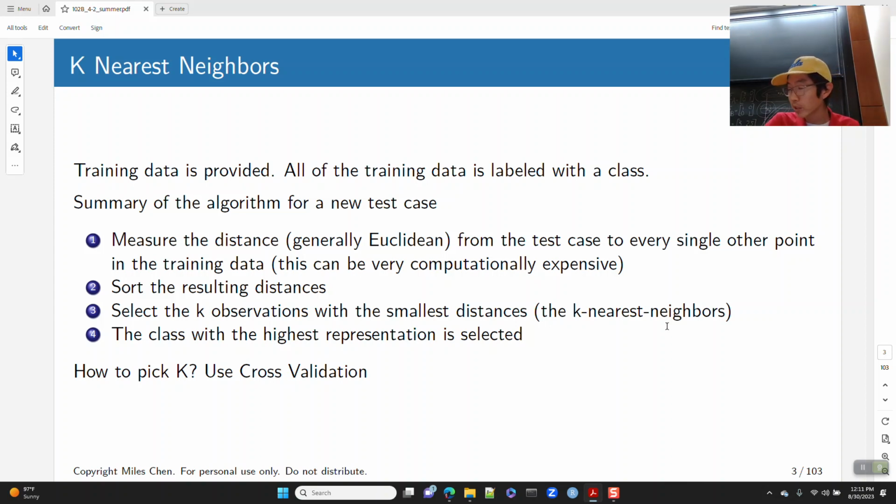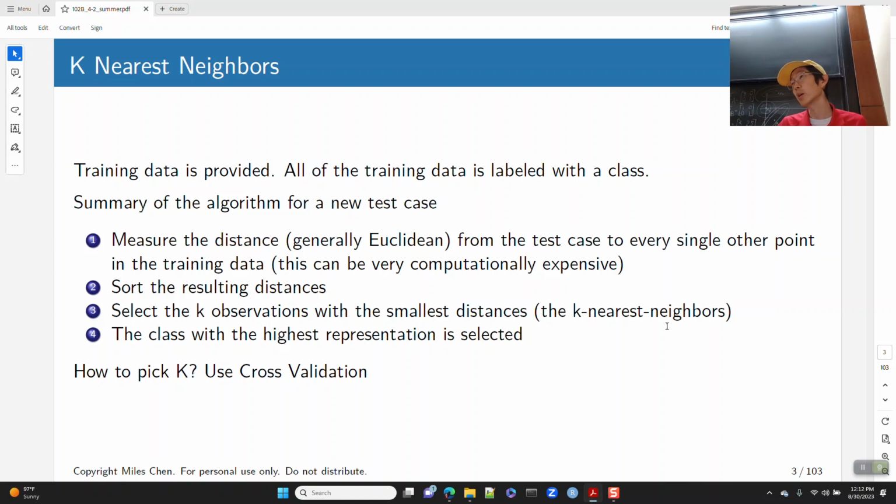How do you pick how many neighbors to use? We generally recommend cross-validation. You would say this is a tunable hyperparameter. A hyperparameter is kind of the one value that you have to choose as the researcher. And so what you might do is cross-validation, and say, okay, if I use the one nearest neighbor, how many times do I get it right?